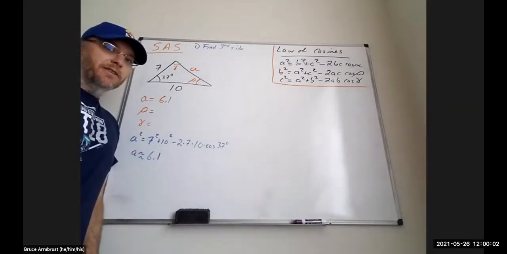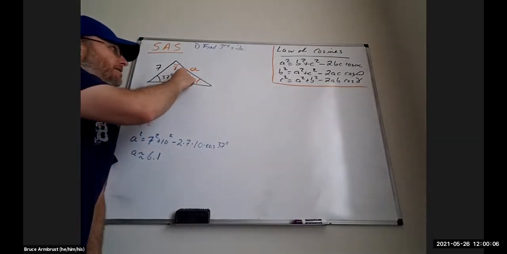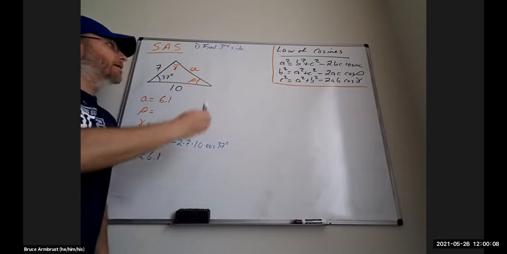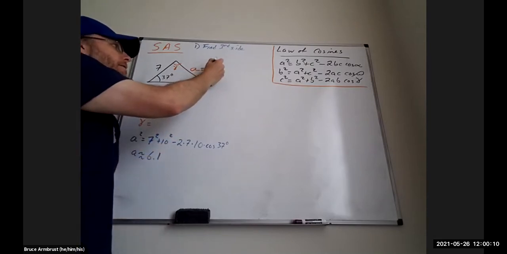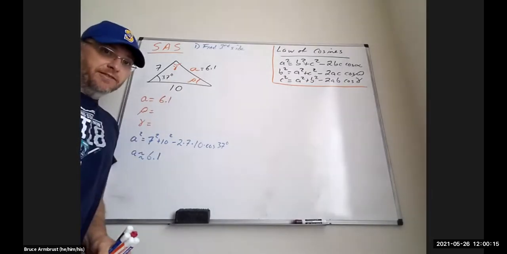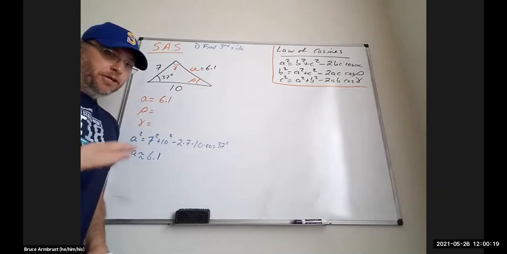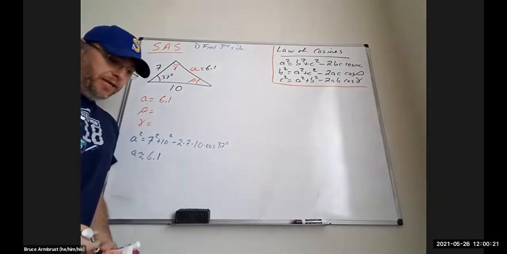Or we can use the law of sines because now we do have a side angle pair. We know that this side is now 6.1. So we got a side angle pair, we can use law of sines. So it's totally up to you. You can pick which way you want to do it.